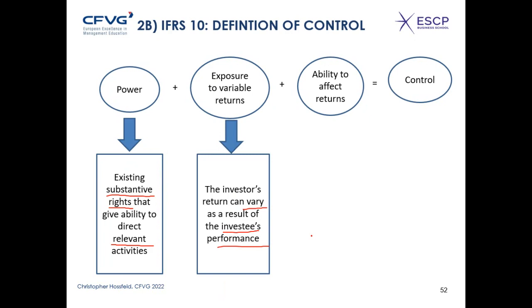But even despite this fixed interest, we still consider that you are exposed to variable return. Why? Why can the return vary if I buy a 5% bond? Any ideas?